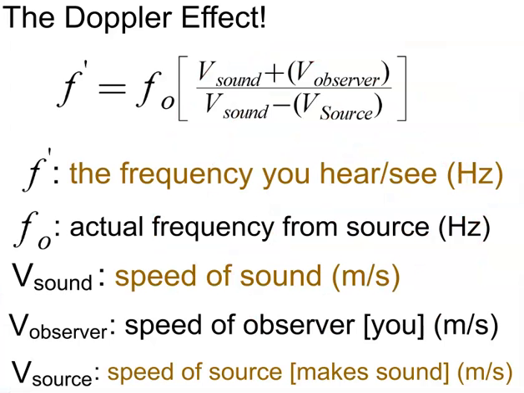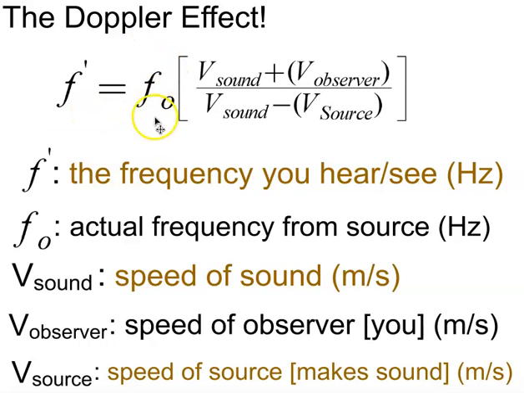Mathematically, this is how we calculate the Doppler effect, how much the frequency appears to change for something we see or hear. So this prime, this little apostrophe up here, is the frequency that we actually hear or see as a result of the Doppler effect, as a result of either us moving or the thing making the sound or emitting light waves moving.